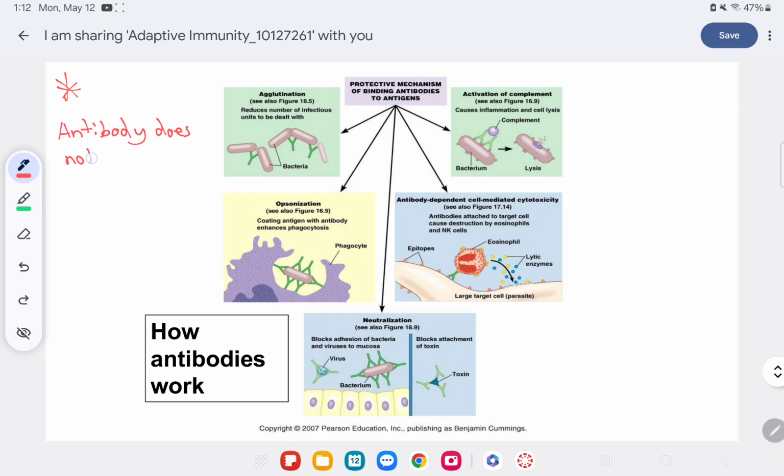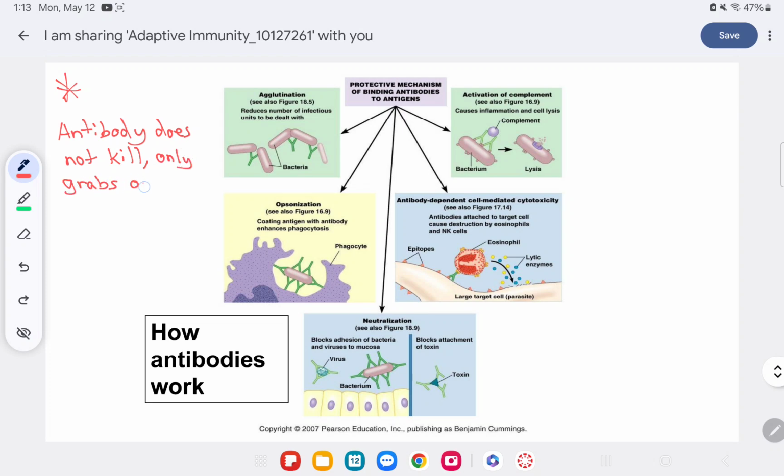That's called agglutination. If they grab them and they start falling out of solution, they can't stick to the cells that they would like to stick to. Remember that's part of pathology: come in the right door, in the right number, stick. Can't stick? No good. Notice it's the variable regions that bind.